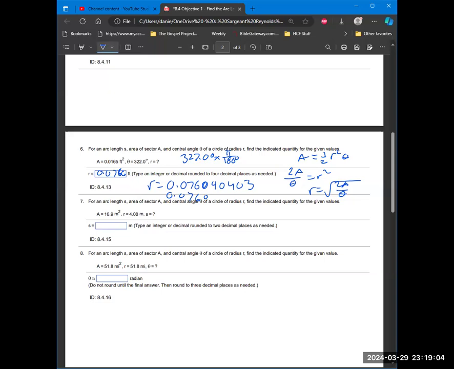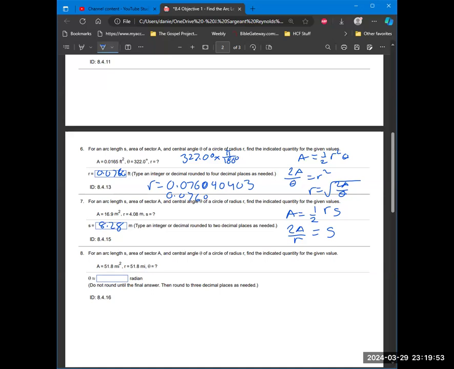I told you that one of the formulas we could have here is A is equal to 1/2 r times S. So 2A divided by r will be S. Let's find that here. 2 times A is 16.9, divided by r, which is 4.08, and that gives me that S is 8.28 meters when I round to 2 decimal places.